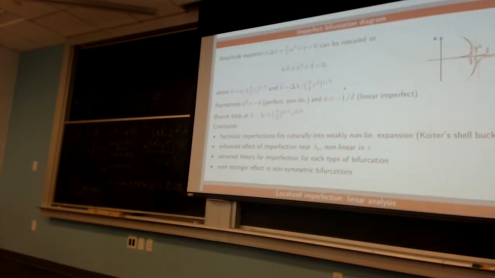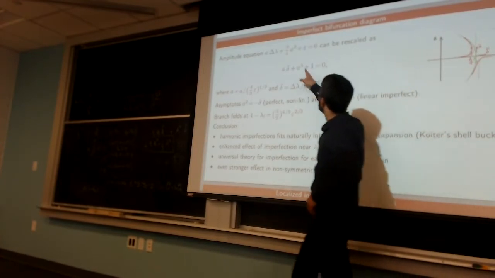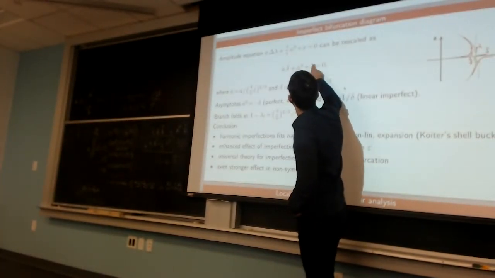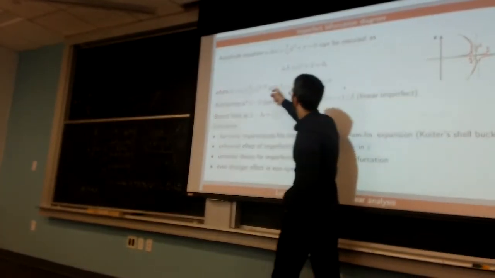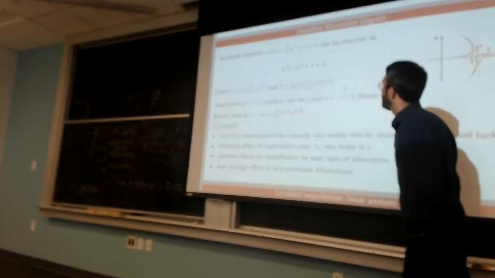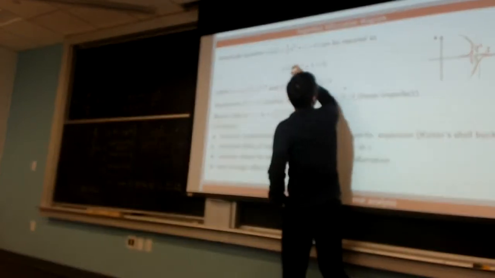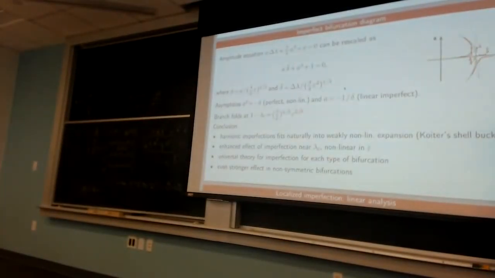Well, actually, if you want to solve this equation, it makes sense to use scaled variables so that epsilon is effectively equal to 1. So it's a simple algebra problem. And then it has this universal form, which really looks like this. Remember, you have this 1 over delta lambda, which is the prediction from the linear imperfect theory.